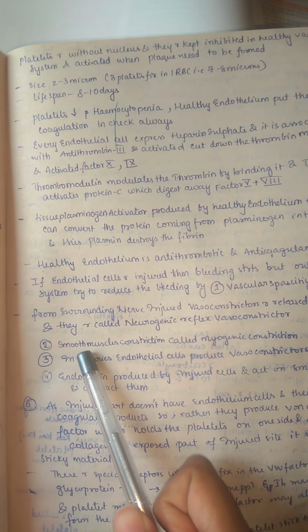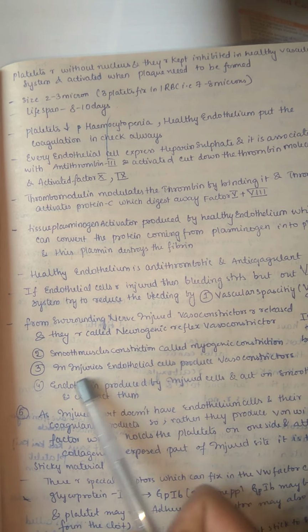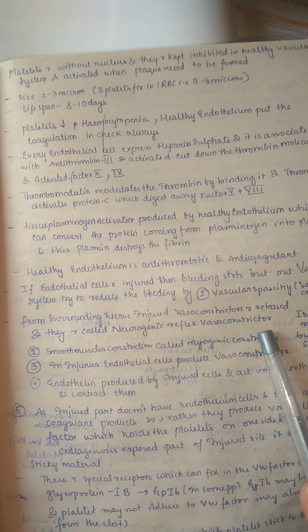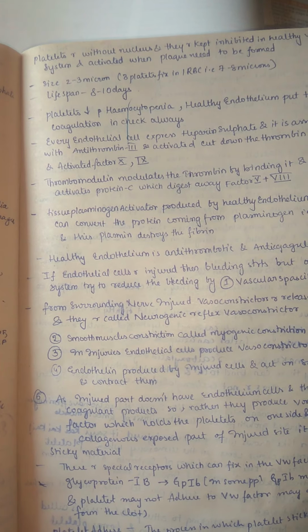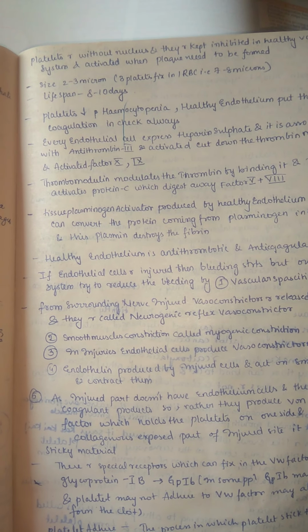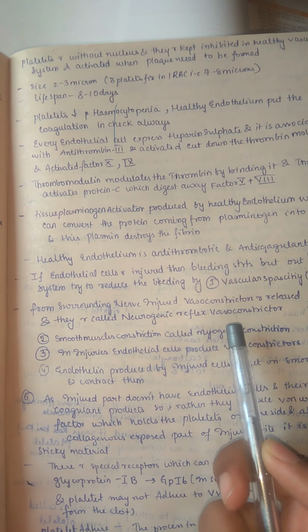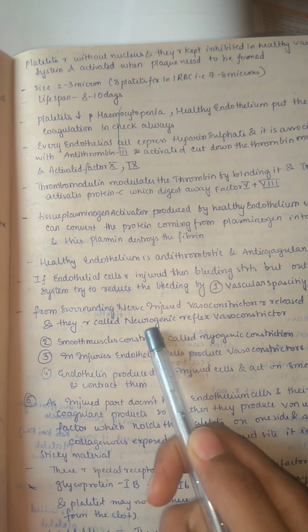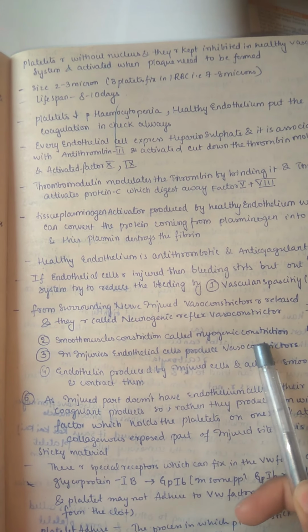From the surroundings, when the nerves are injured, vasoconstrictors are released, and this is called neurogenic reflex vasoconstriction. When the blood vessels are injured, the surrounding nerves are also injured, so they immediately cause vasoconstrictors to rise. Smooth muscle constriction is called myogenic constriction.